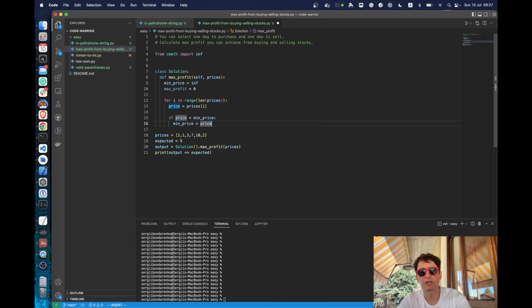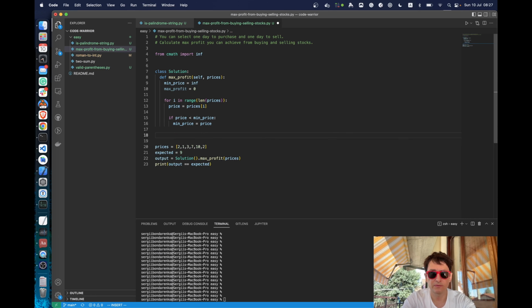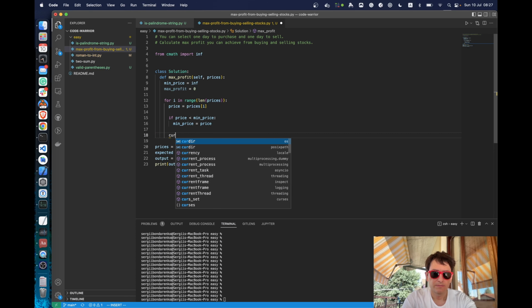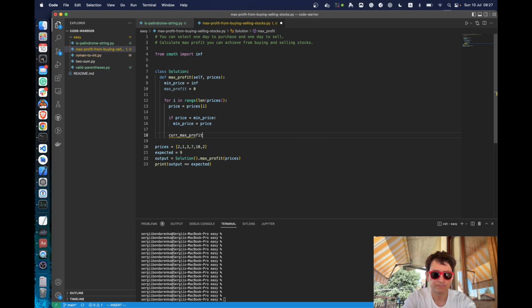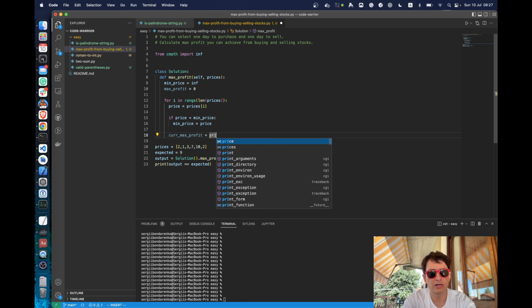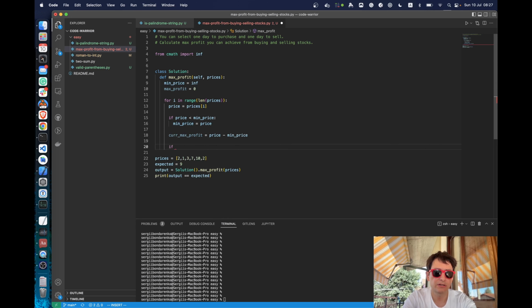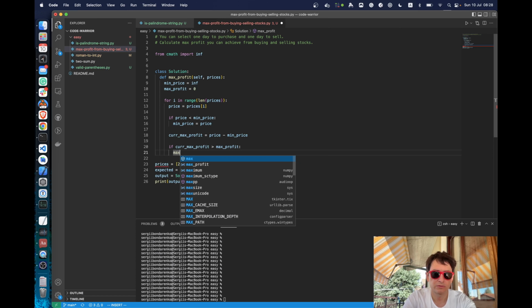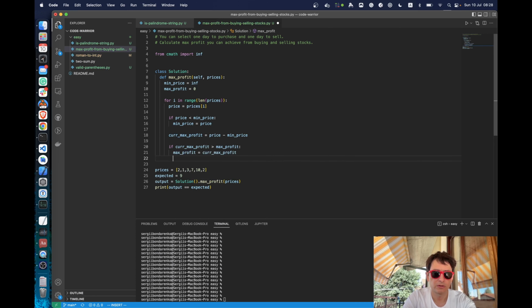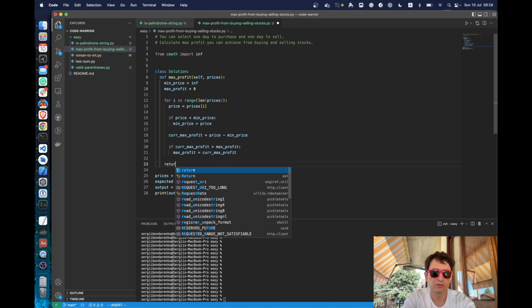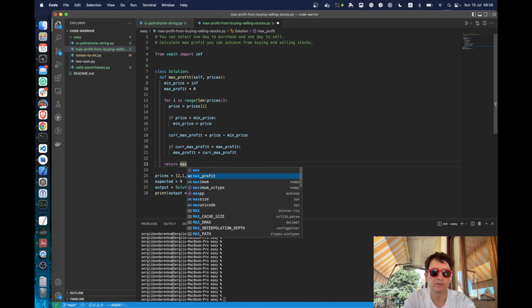If we find a price that is less than min price, we save it, and now we calculate current max profit, which is current price minus min price. And if current max profit is greater than the max profit we have already seen, we store it. Okay, in the end we return max profit.